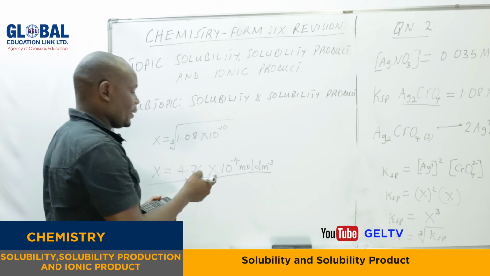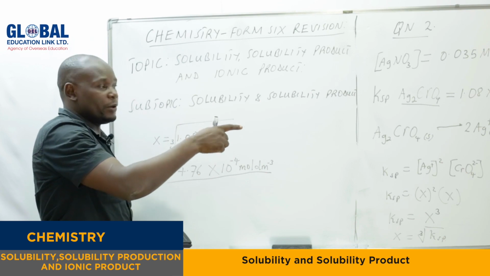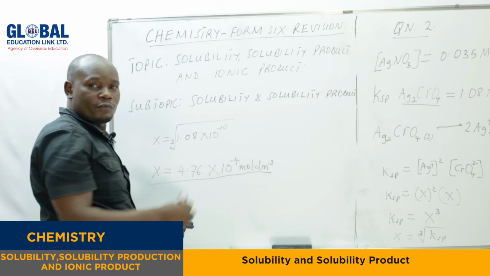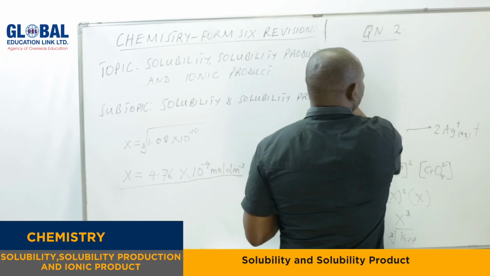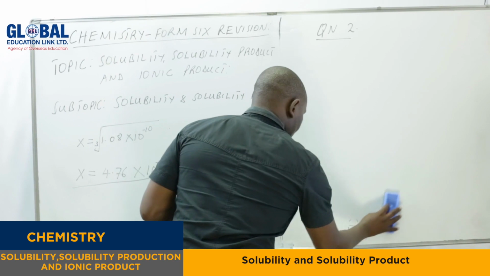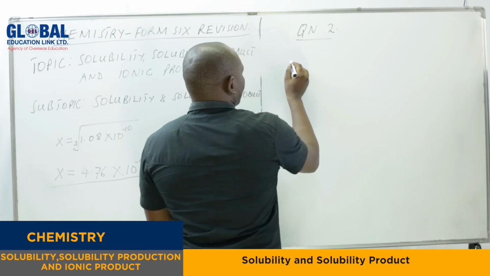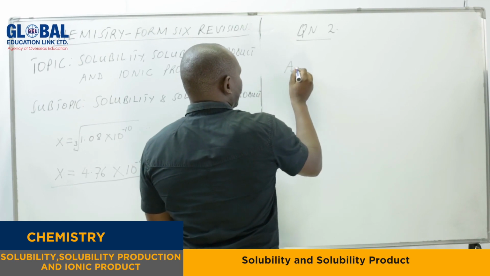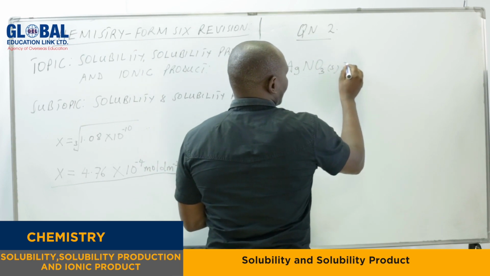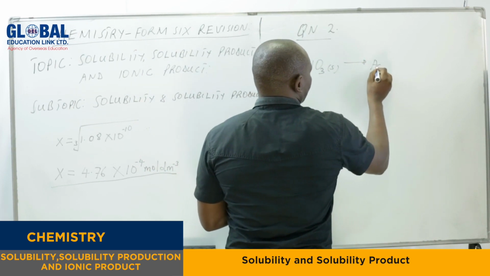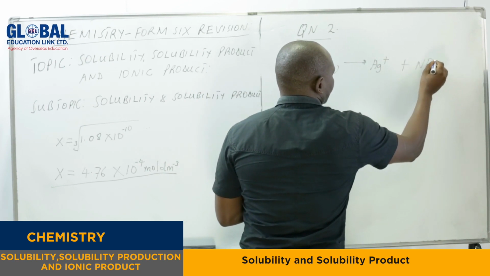So let us now find how this solubility would be affected by the common ion effect when it dissolves in silver nitrate. So our next procedure is to write the dissolution reaction of silver nitrate. Silver nitrate undergoes dissolution to release silver ions plus nitrate ions.